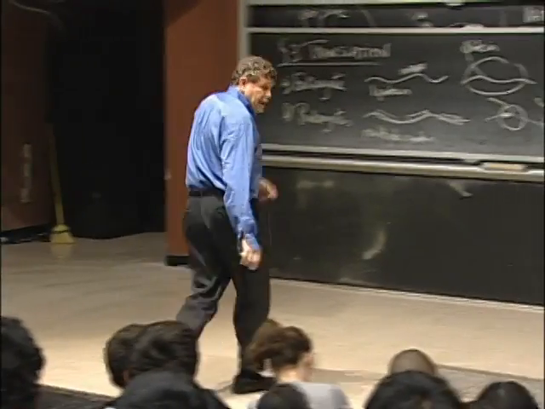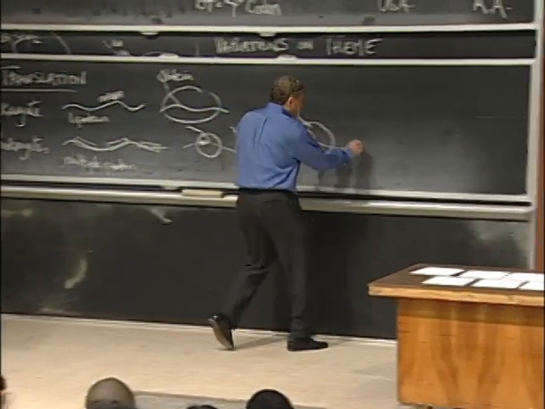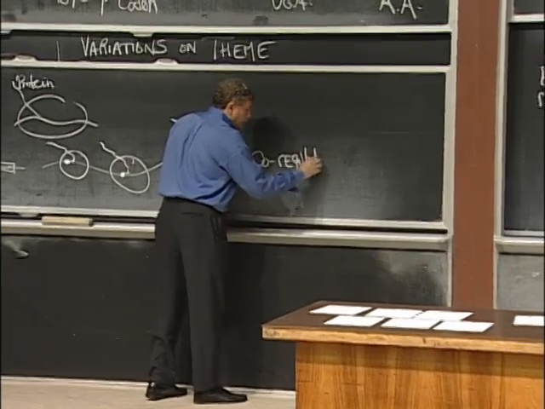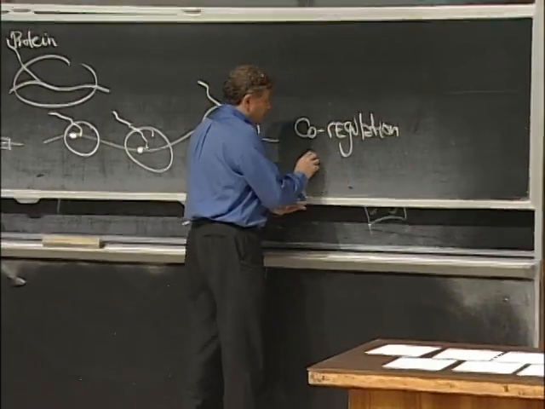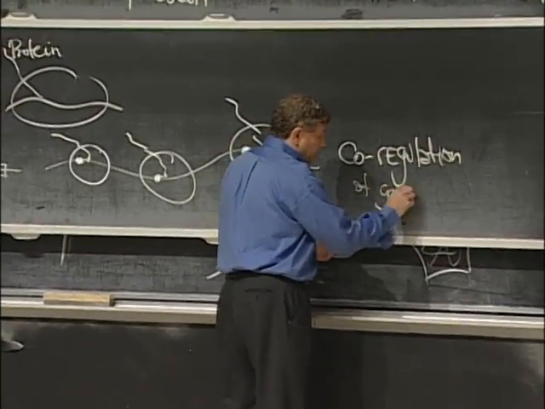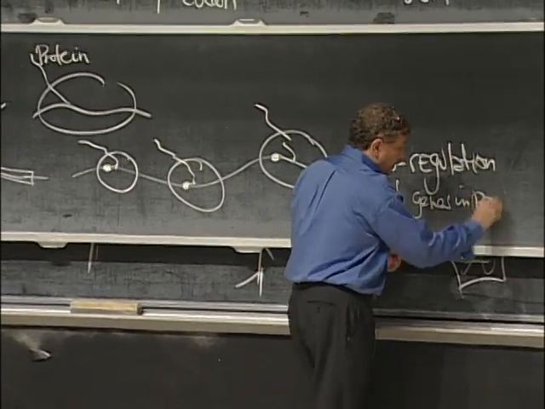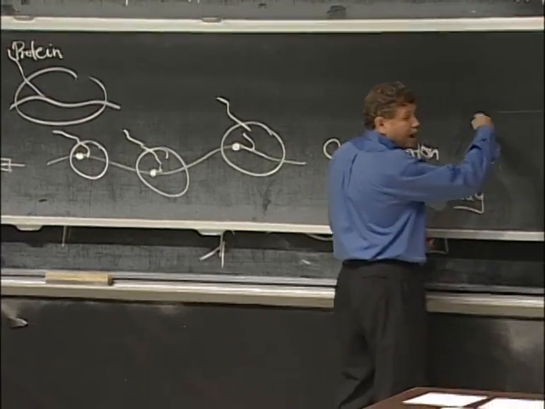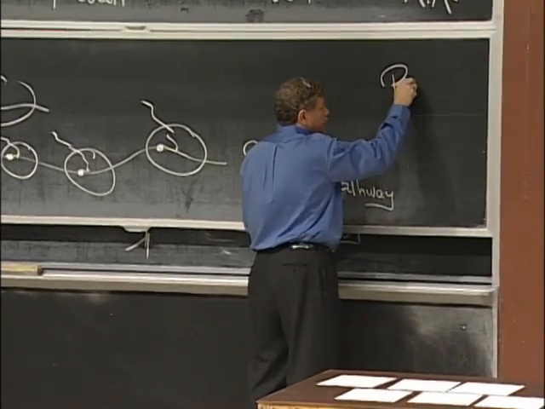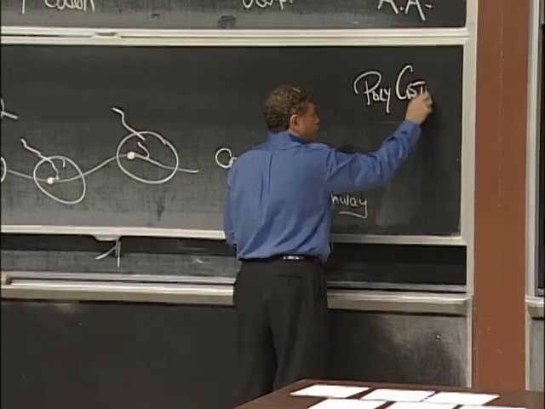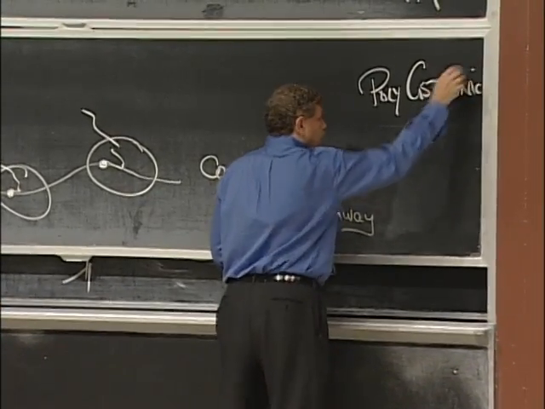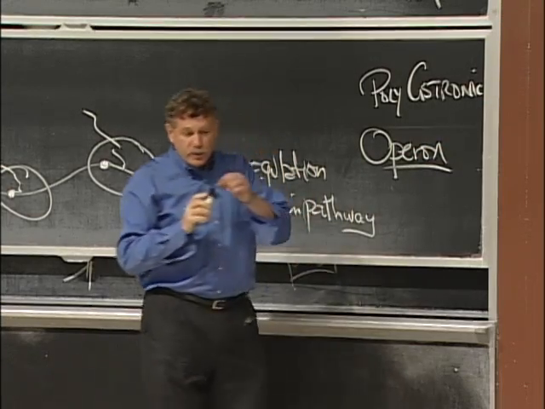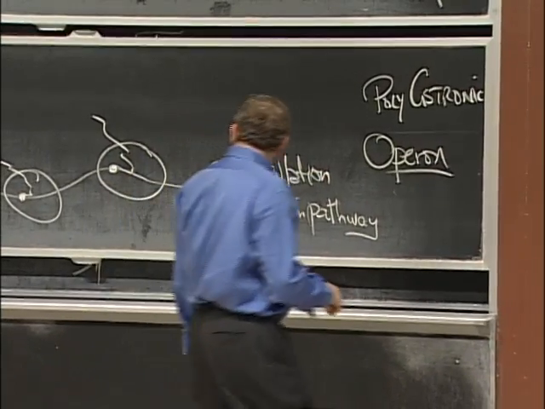So you can get co-regulation of genes in the same pathway. And such a thing is called a polycistronic message. Polycistronic is an unhelpful name for it, but it's what they call it sometimes, or an operon, a regulatory thing that makes many such things.